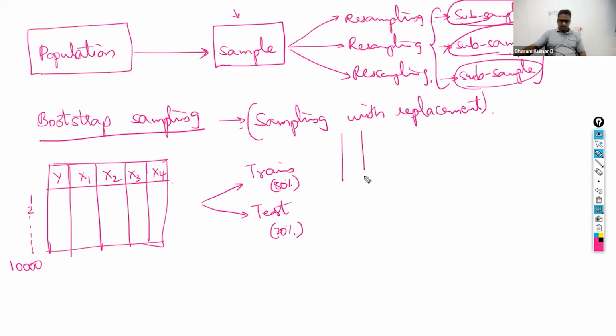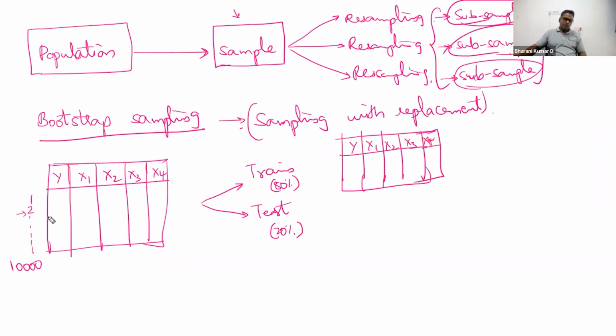Then for this training, suppose randomly row number 2 is selected from these 10,000. Now, when the next observation should be randomly sampled, do you know what? Again, you're going to randomly sample from all 10,000.